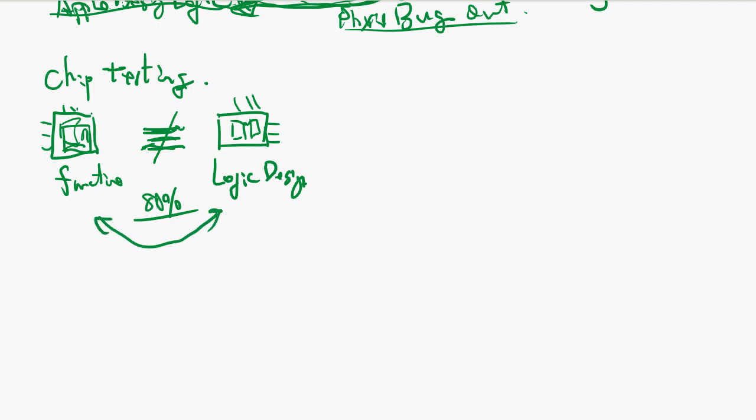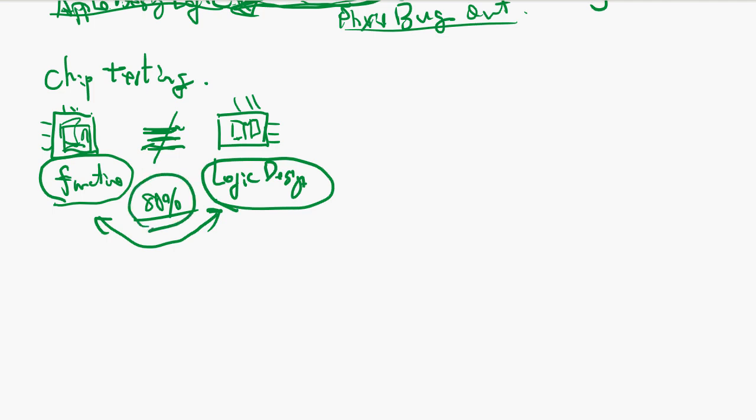No matter how much time you spend testing, there is a case in the internal logic that never happened. That means there is a case that you never tested. So it's almost impossible to say 100% that the actual chip function is the same as the logic design.